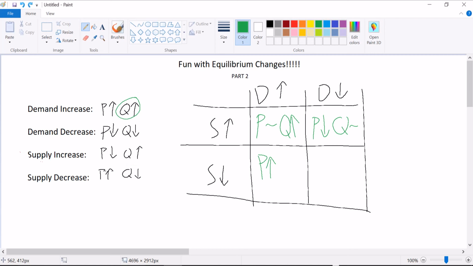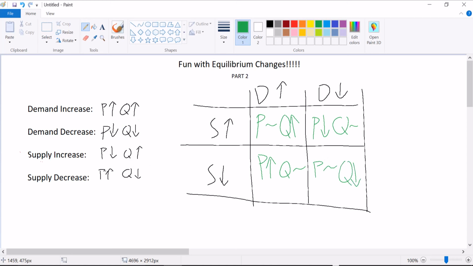Since those are working against each other, you guessed it, I can't actually predict what's going to happen without more information. And the last one, both of them falling: demand falls, price falls; supply falls, price rises. We don't know what happens with price without more information. And they both have falling quantities, which means that the quantity will fall.